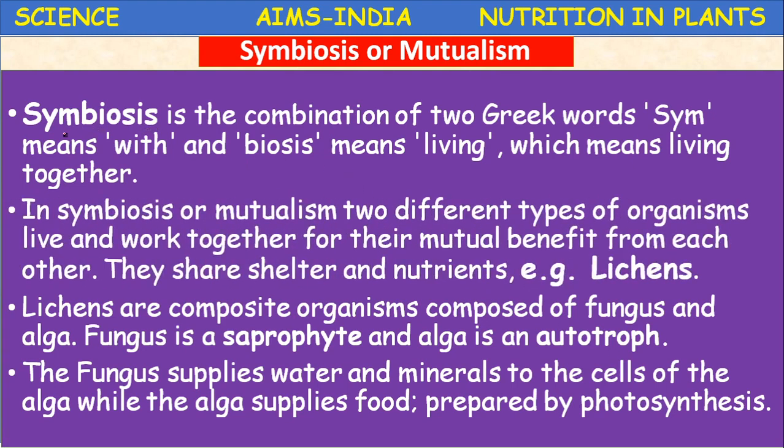So what is symbiosis? It is another type of heterotrophic nutrition. It is a combination of two Greek words: sym means with, and biosis means living, which means living together.